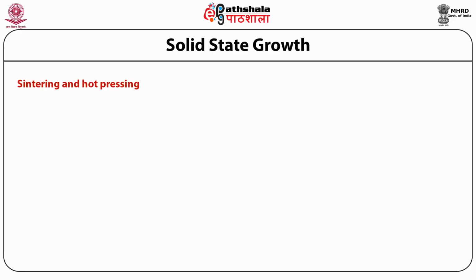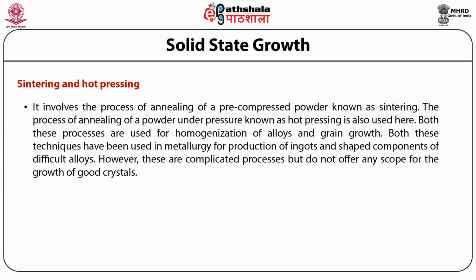Sintering and hot pressing. It involves the process of annealing of a pre-compressed powder known as sintering. The process of annealing of a powder under pressure known as hot pressing is also used here. Both these processes are used for homogenization of alloys and grain growth.